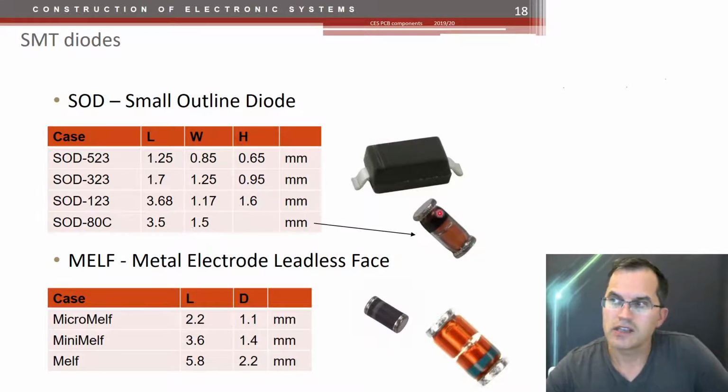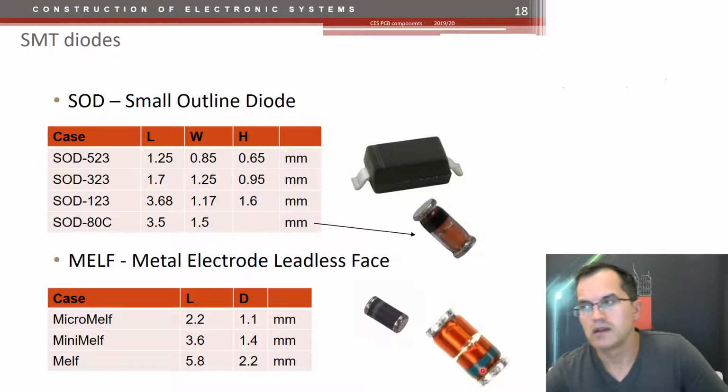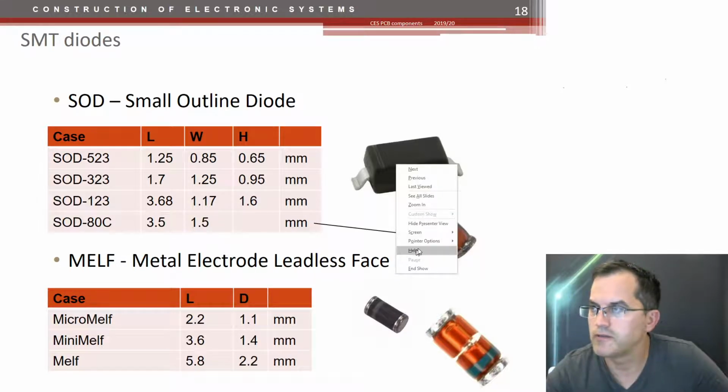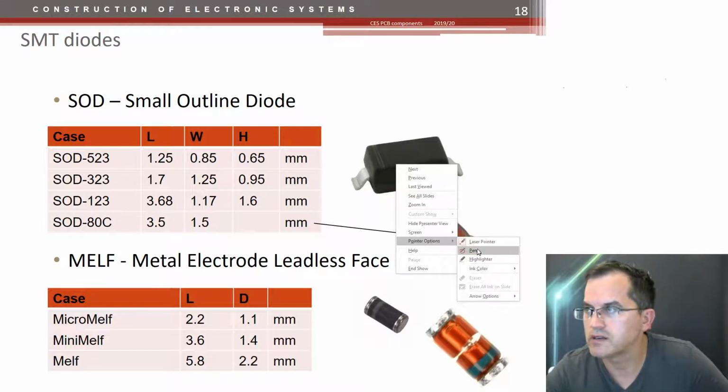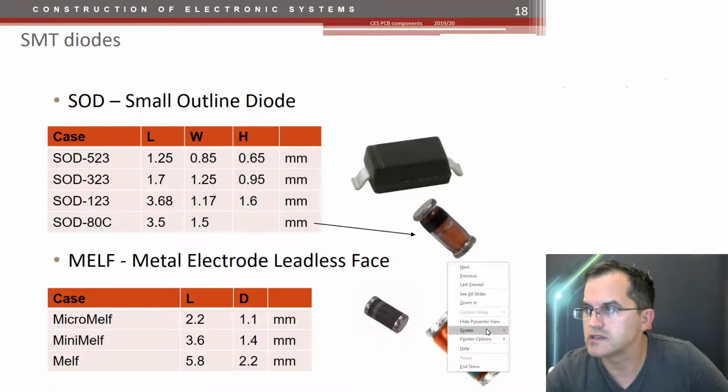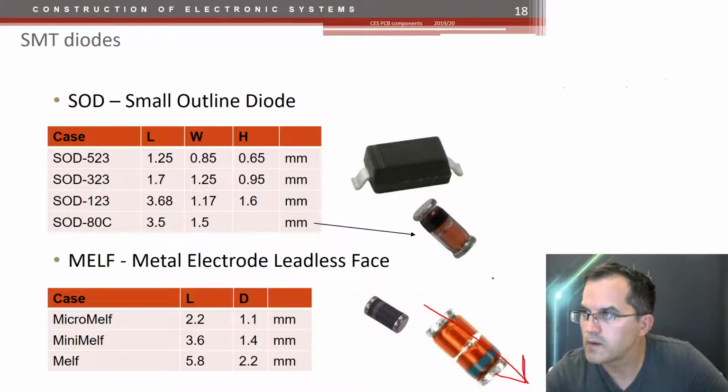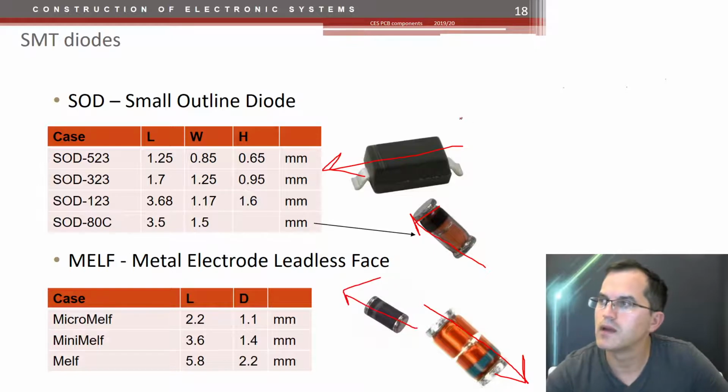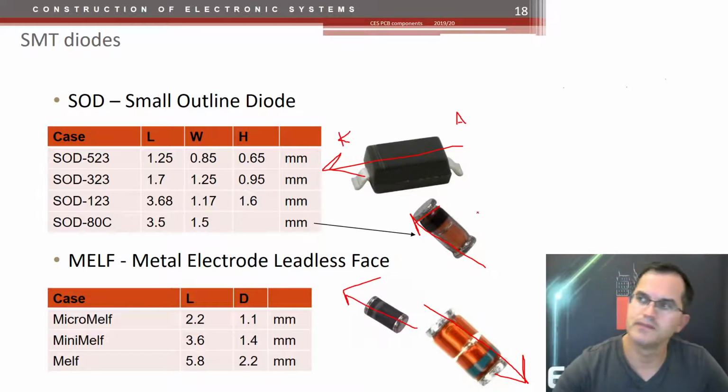The dash denotes the cathode. So the forward current flows in this direction. Or here, or there, or there. Okay. Anode, cathode. Right. And so on.